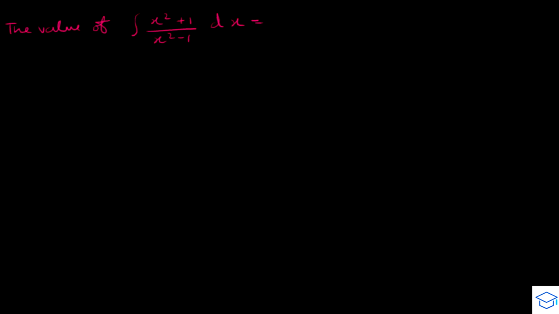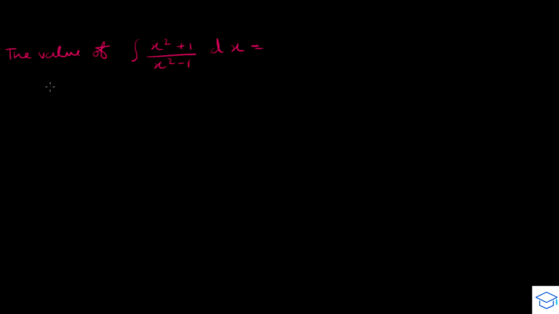So now let's move on to the next question, which states the value of integral of (x square plus 1) by (x square minus 1) dx is. So to solve this problem, we need to split this numerator into x square minus 1 plus 2. So let's try doing that right now. So integral of (x square minus 1 plus 2) by (x square minus 1).